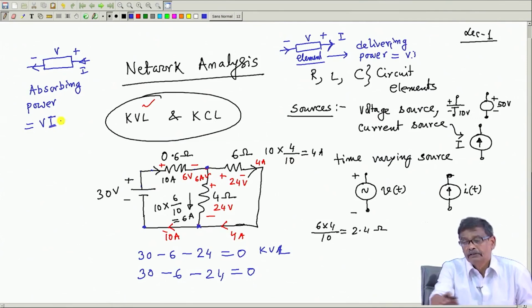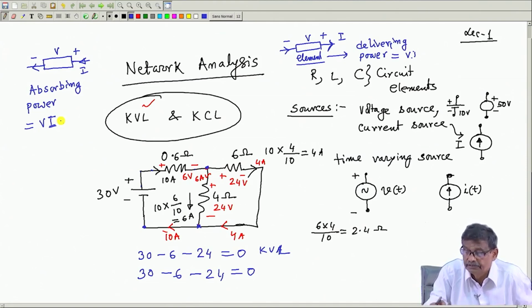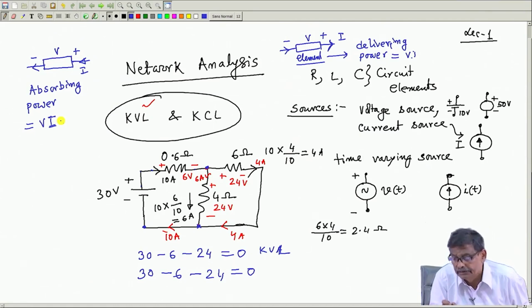Got the point? So in a circuit there will be elements, and there will be sources connected. Suppose I have solved the circuit, for example with reference to this simple network, and I know all the currents and all the voltages existing across each element including sources. Then I will be able to identify which of these elements, how many elements are there, 1, 2, 3 and 4, are delivering or absorbing power.